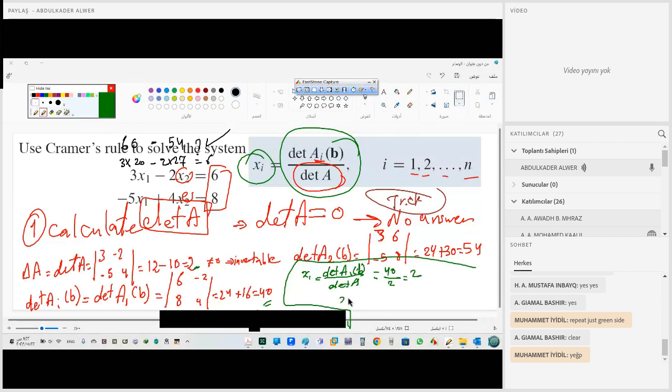Got it? x2 is det A2(b) over det A. That means it is 54 over 2. That's 27. Clear?